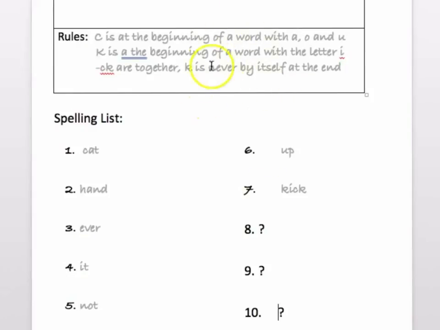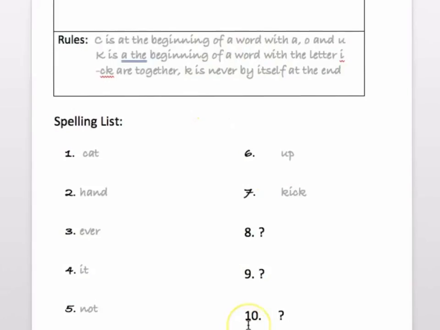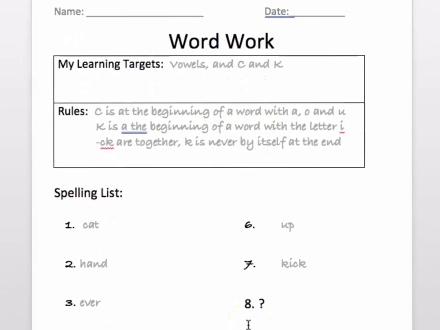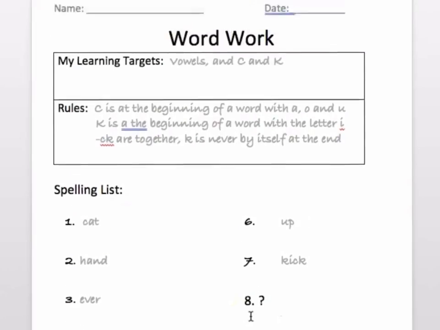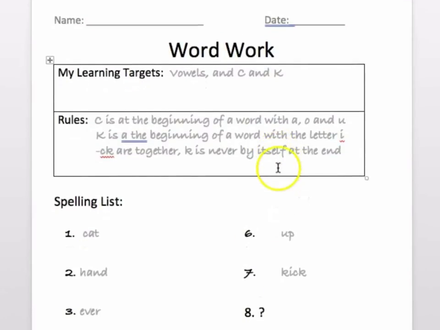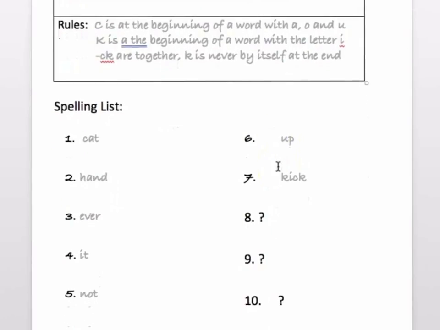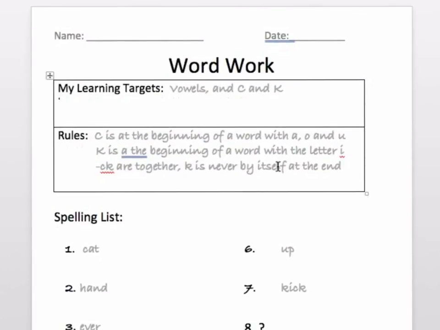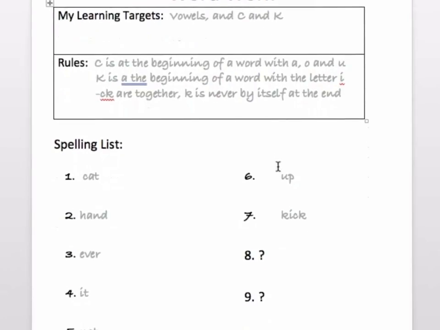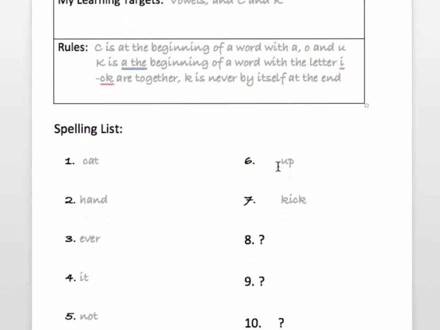If you follow these rules, you should be able to spell these correctly for the day of your spelling test. Not every week will I help you fill out this worksheet. You should be able to do this on your own by watching the screencast, but because this is the first time, I went ahead and helped you fill it out.